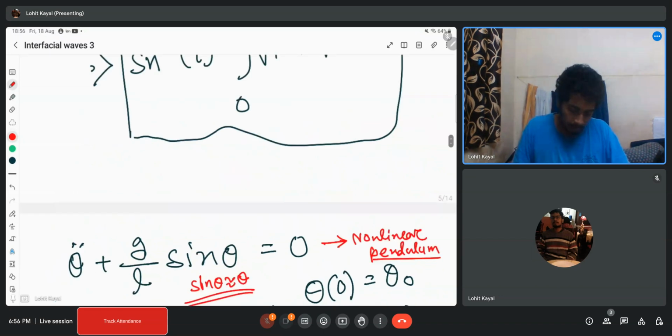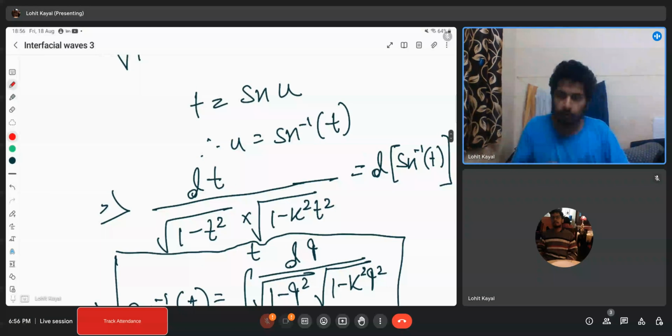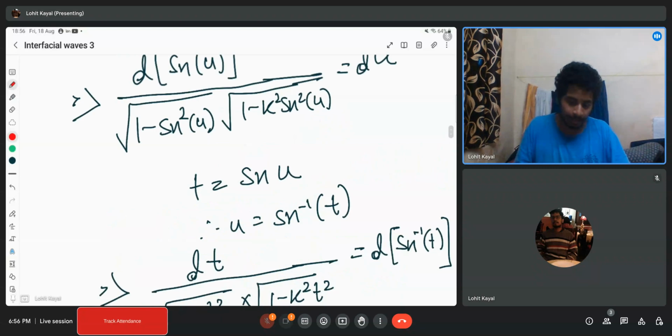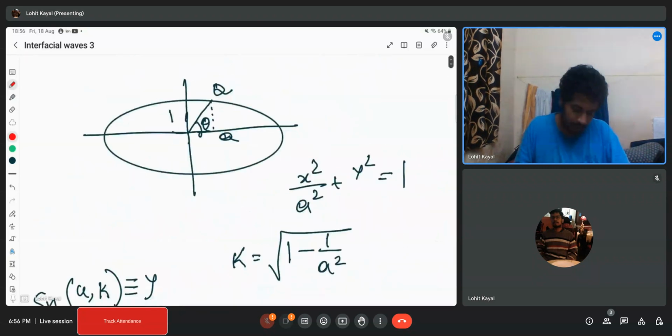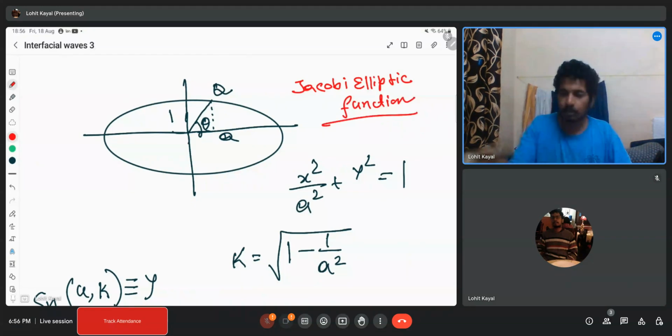But now we will try to solve the complete nonlinear problem. In order to do that, we need to use something called the Jacobi elliptic function. We have to take help of this.